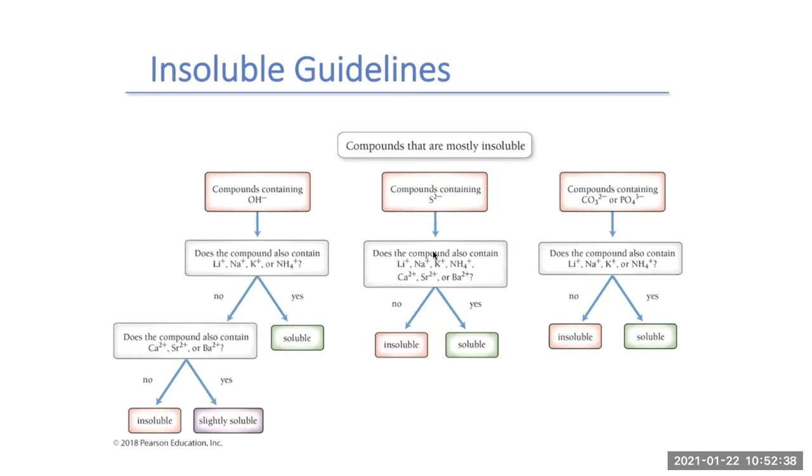Again, you can see it's group 1, ammonium, and kind of a heavy group 2. If it contains any of these, so for example, if we had lithium sulfide, that would be soluble. However, if we did magnesium sulfide, that would be insoluble because magnesium is not one of our exceptions.